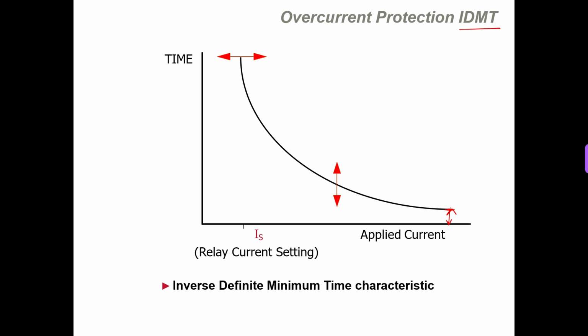Now, as we already know, we have many different types of IDMT characteristics like standard inverse, very inverse, then you have moderately inverse, like that. So why do we have so many different types of characteristics? Why can we not have only a single type of characteristic, and why are we not using only a single type of characteristic for all types of coordination?